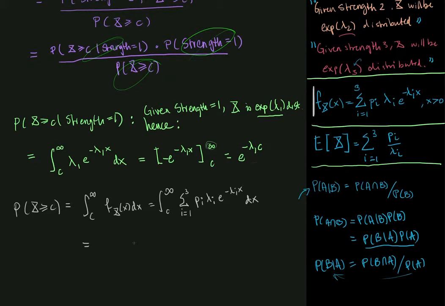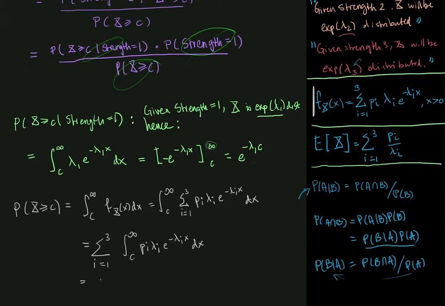And I can interchange the sum and the integral here. So I will have the sum from 1 to 3 over the integral from c to infinity of pi lambda i e to the minus lambda i x dx.